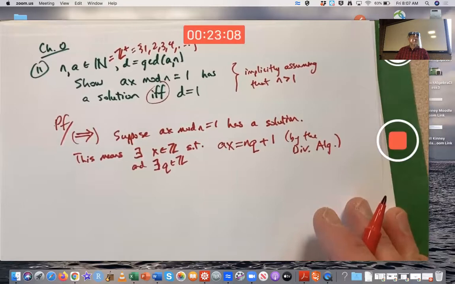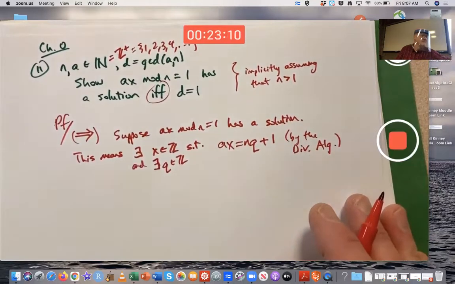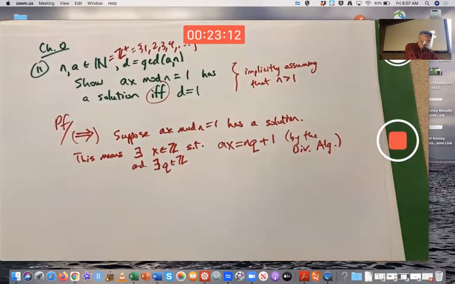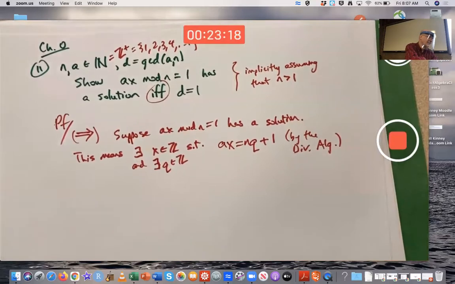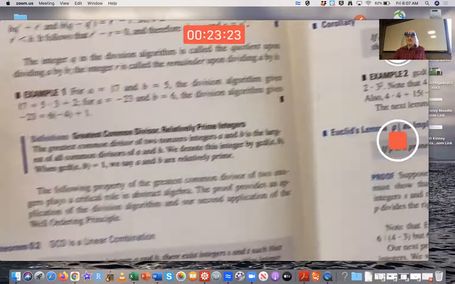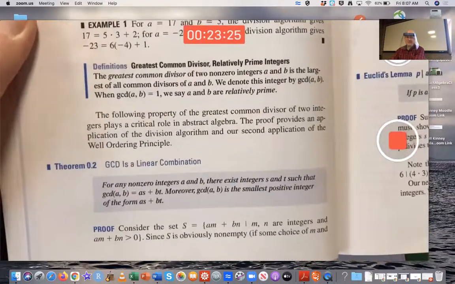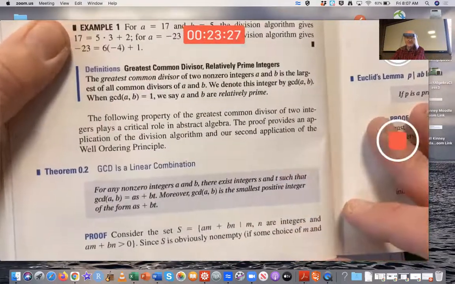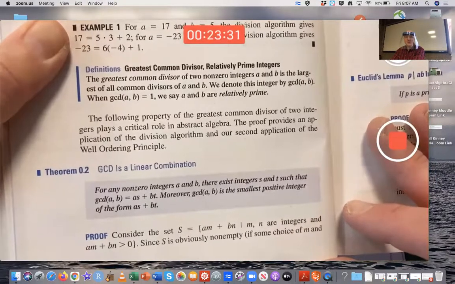What's the key connection here? Or what's the key to connecting this equation to that theorem, and the fact of what we want to show, d is 1?